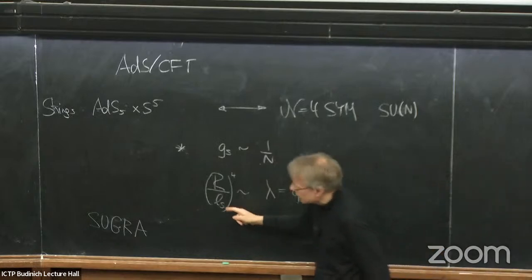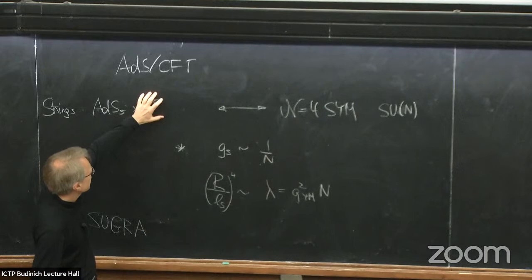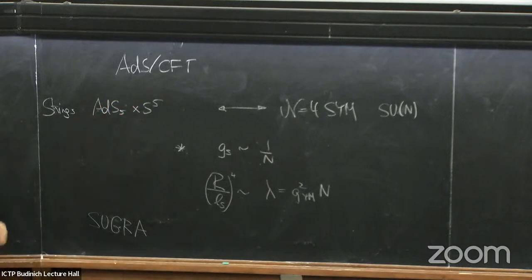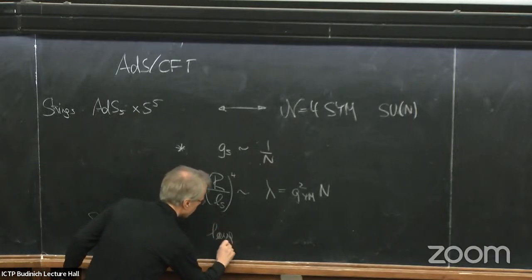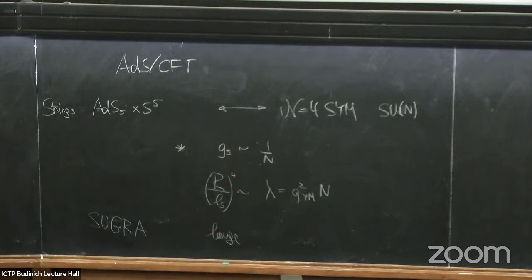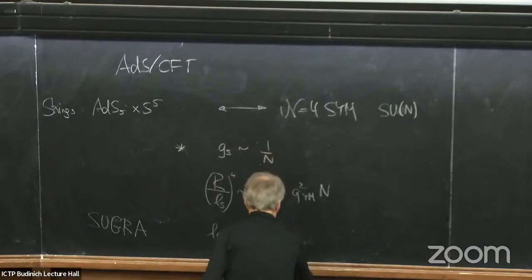L_s you should think of as the typical size of a string, and R as the radius of S5, or the parameter that captures the cosmological constant of AdS5. So in supergravity this ratio is large because the space is much larger than the size of the string. And this tells you that supergravity corresponds to strongly coupled gauge theory.